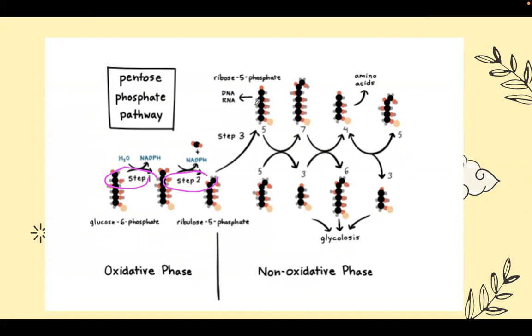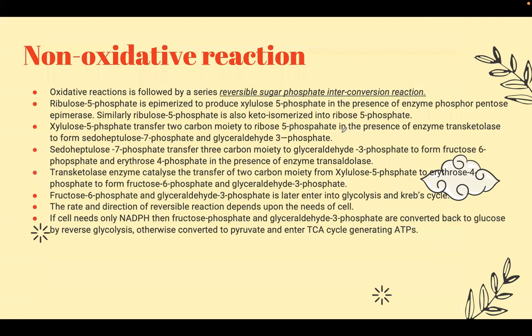Like what we've mentioned, your pentose phosphate pathway is an integral part of the formation of your nucleotides, kasi nga mahalaga dun si ribose 5 or ribulose 5 phosphate. Going back lang kayo, non-oxidative reaction. The oxidative reaction is followed by a series of reversible sugar phosphate interconversion reactions.